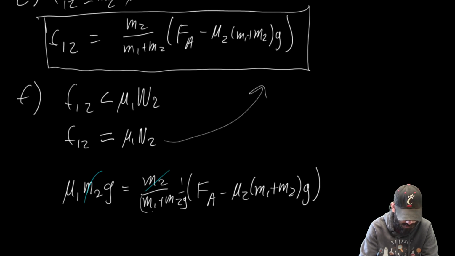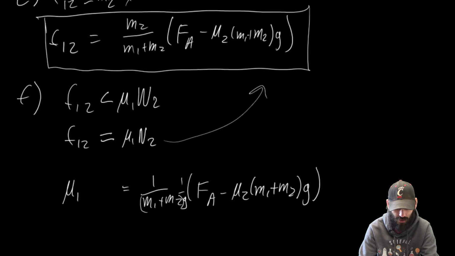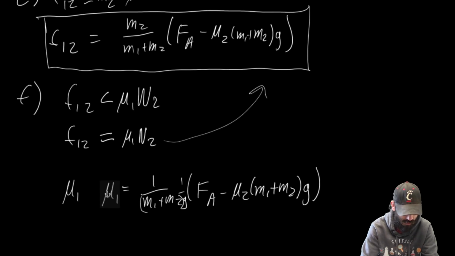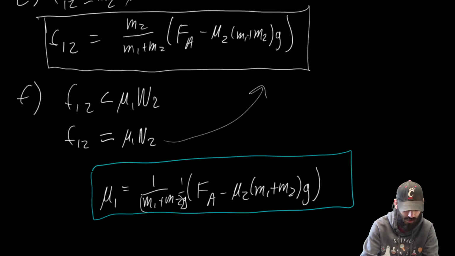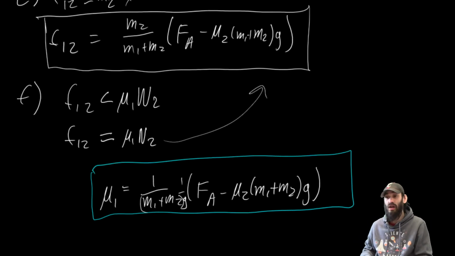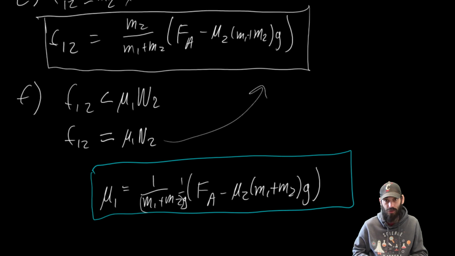So we get a 1 over g factor, we cancel these, and then this is going to be a 1. To rearrange this into a nice spot, we can say that that is what mu1 is.